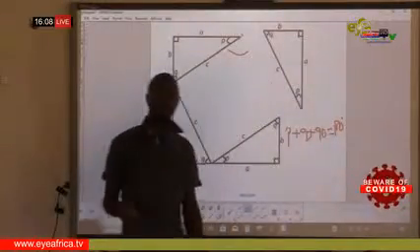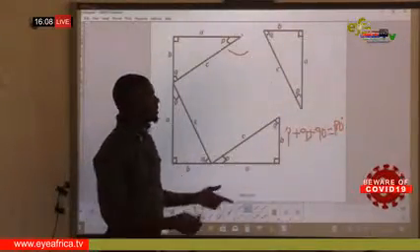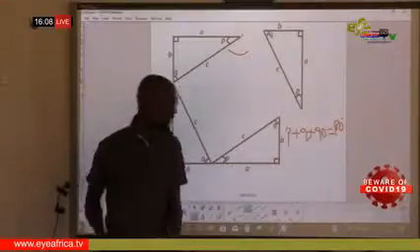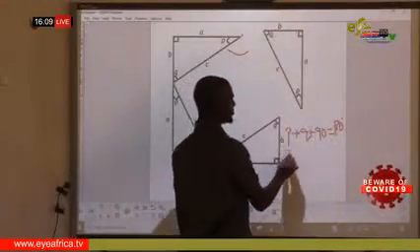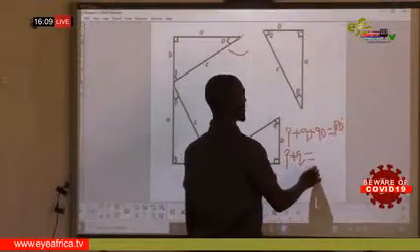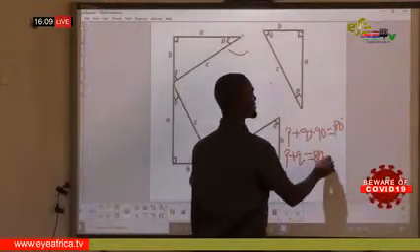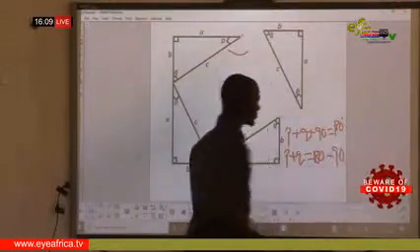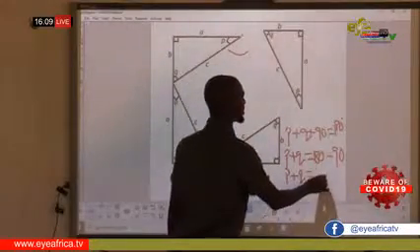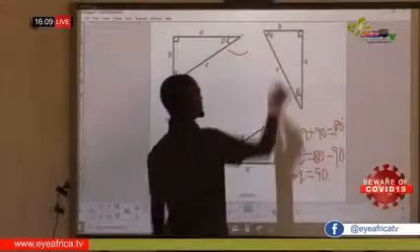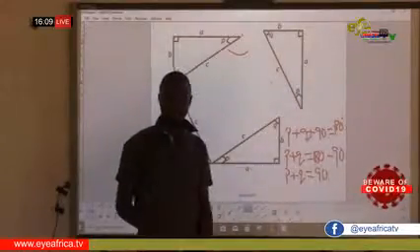Angles sum in a triangle: P plus Q plus 90 is 180. If you collect like that by transposing the 90, you have P plus Q is equal to 180 minus 90. So you realize P plus Q is equal to 90 degrees.